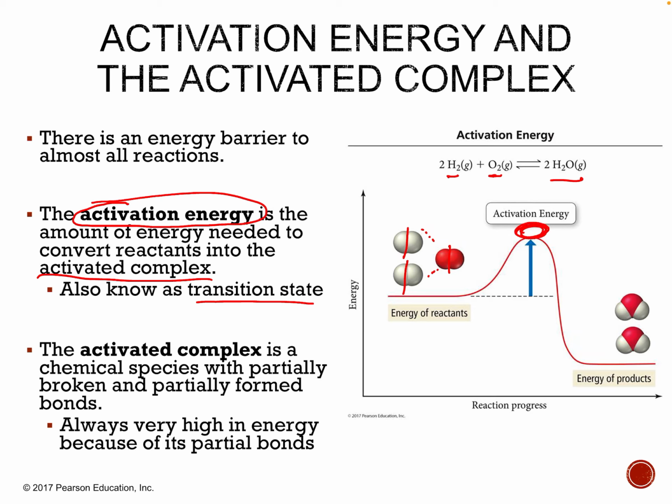So the transition state, or the activated complex, that is what's happening at the top here. Okay, so the activation energy is the energy needed to go from the reactants all the way to the top of the hump, okay, all the way up to the transition state. And so the activation energy is often abbreviated E subscript A, the energy of activation.